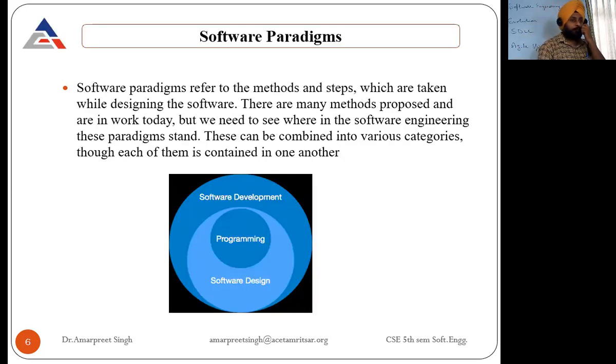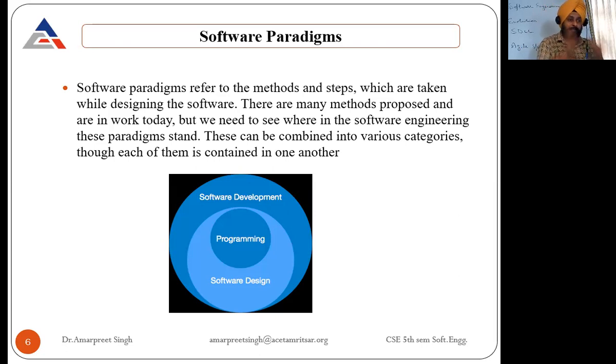So what are software paradigms? What are the different main processes which are included in software development, and how they are connected one to another? In the diagram you can see the software development stages.